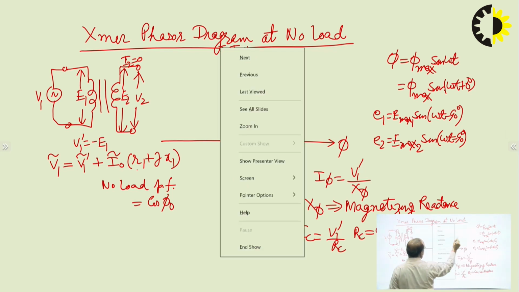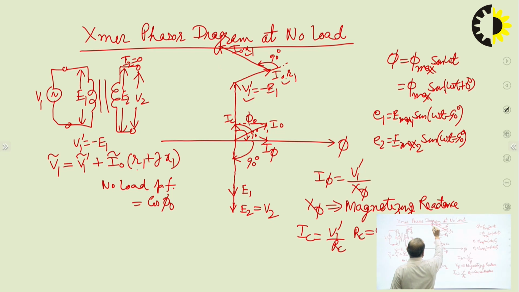So that is the phasor diagram of a practical, or non-ideal, transformer at no load condition. Next we discuss the phasor diagram of a transformer at load condition.